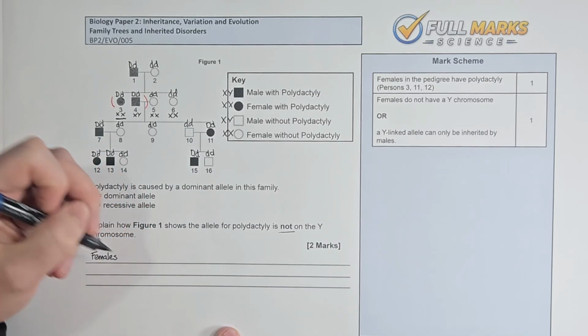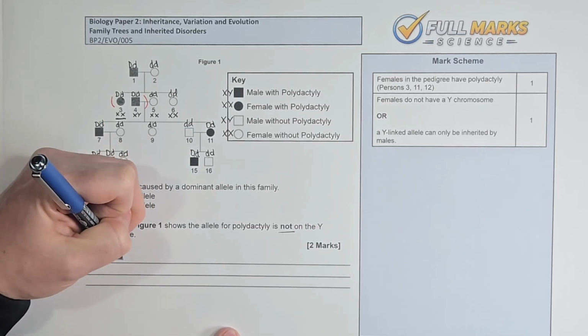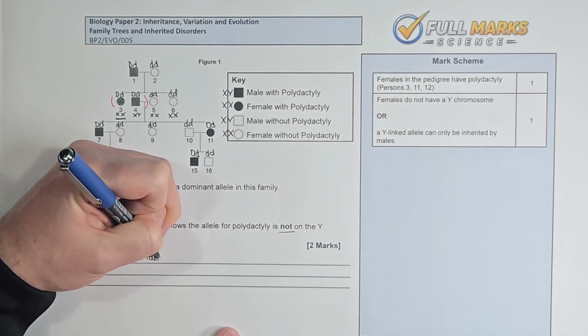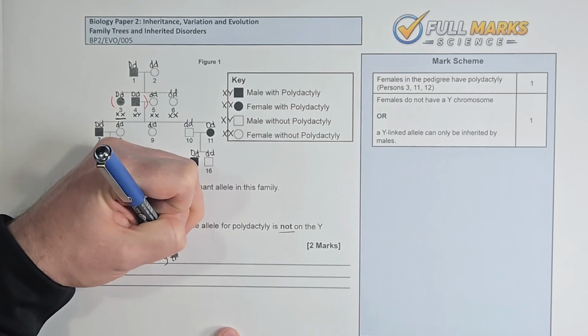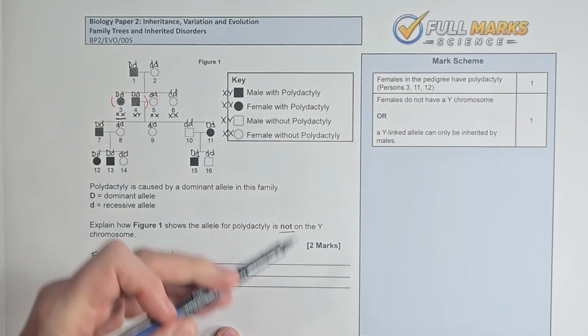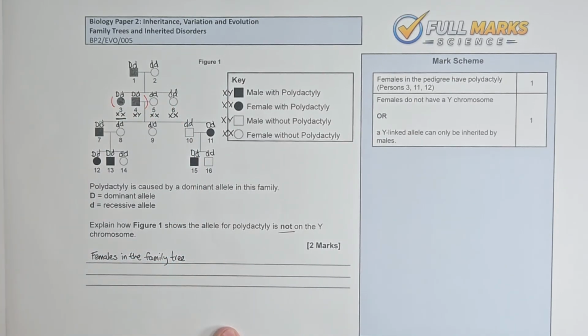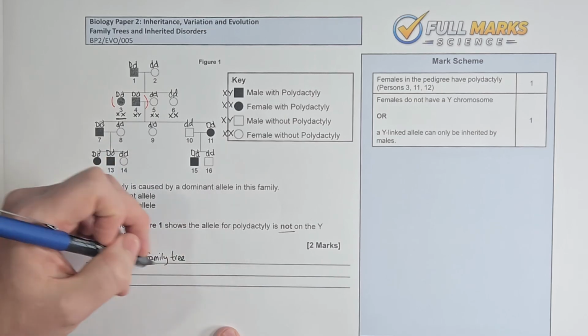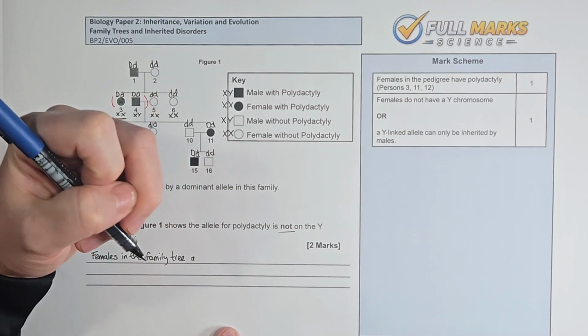I'm just going to say in the family tree, because people don't always refer to them as pedigree. So you're not going to lose marks by saying that it's a family tree instead of a pedigree. Females in the family tree have polydactyly.